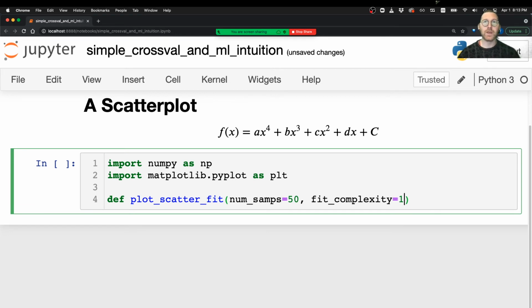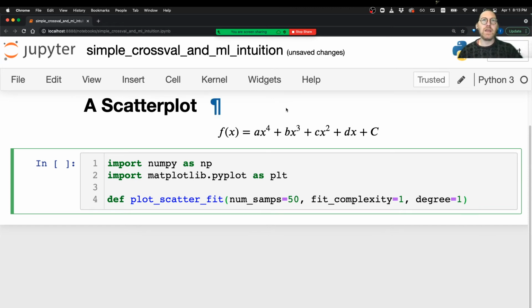And then I'm going to set the degree of the underlying function that generates our data. This is that secret function out in the ether that we don't know, that is impossible to purely discover, but we know what it is.